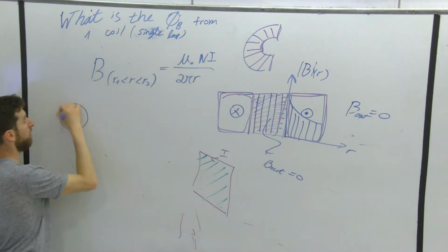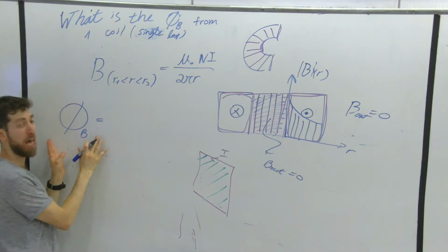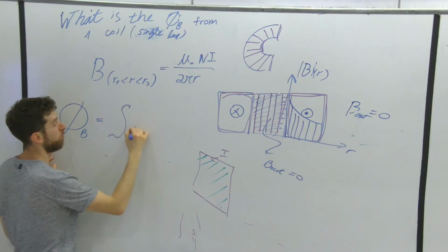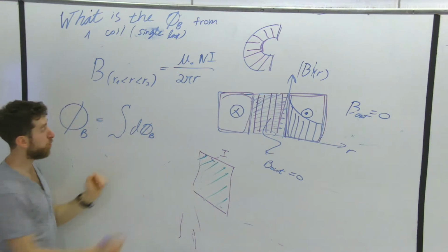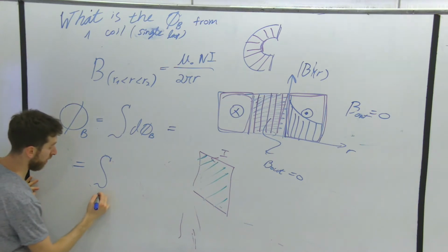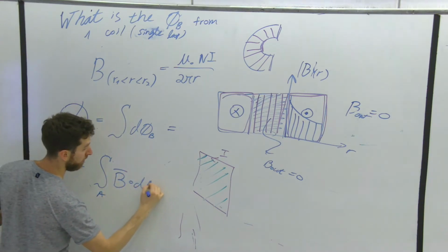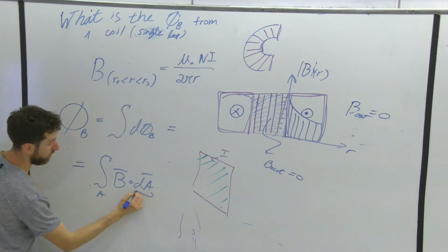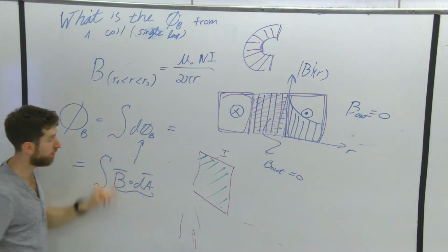So what's the definition of the flux? The magnetic flux is the sum of a lot of small contributions to the flux. That's what we said. And each one of them is actually taking the area integral of B vector dot dA, which means this one is a small flux.